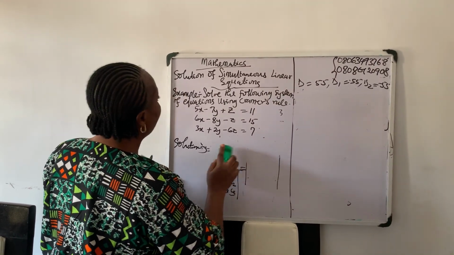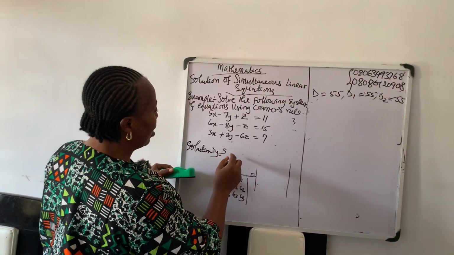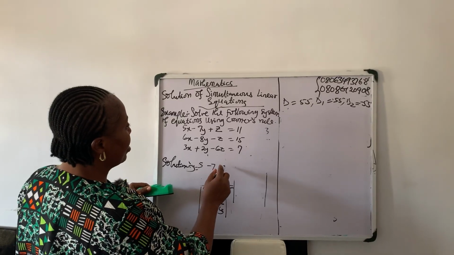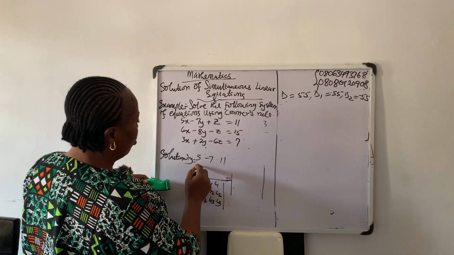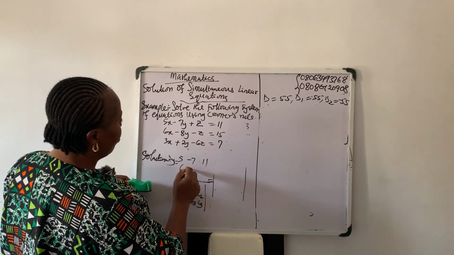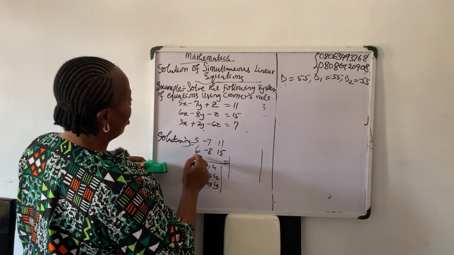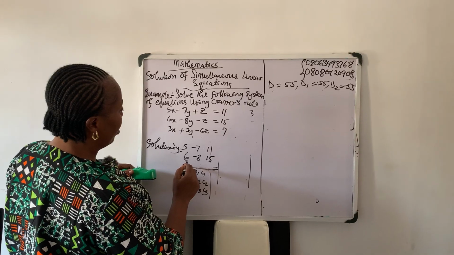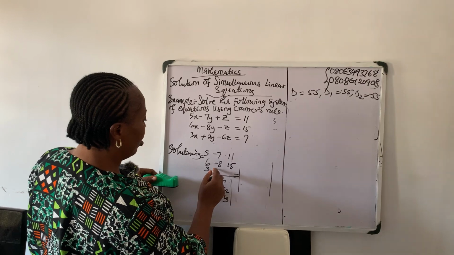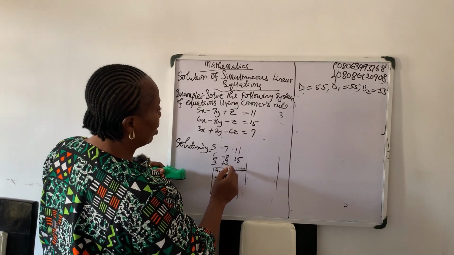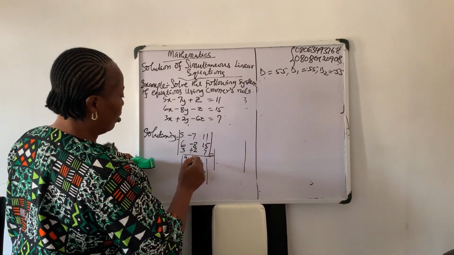Going back to the equation, our a1 is 5, our b1 is -7, and our d1 is 11, a2 is 6, b2 -8, d2 15, a3 3, b3 is +2, and d3 is 7, all enclosed.